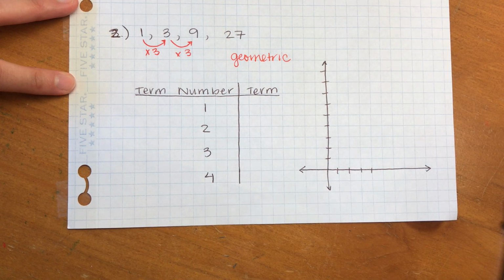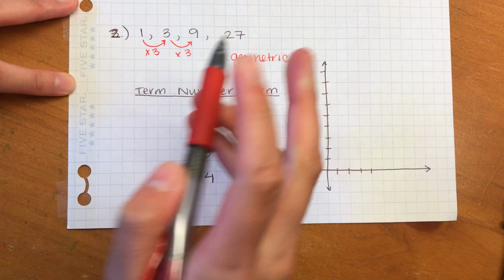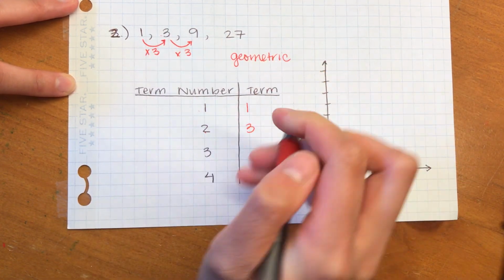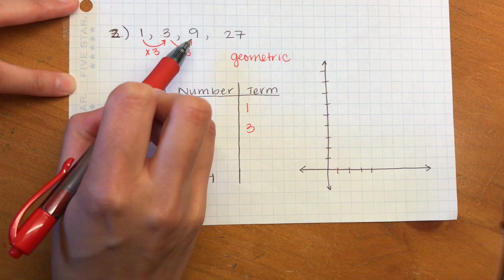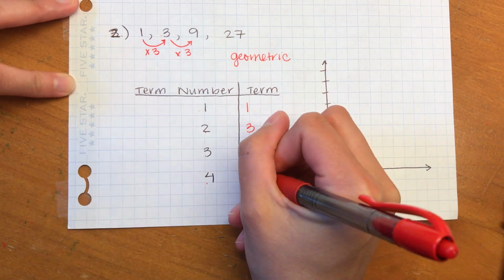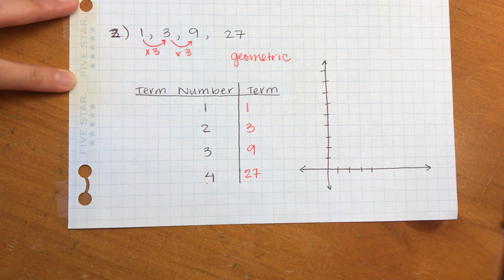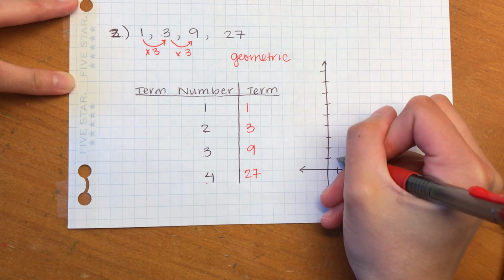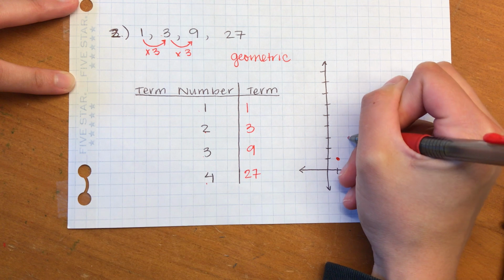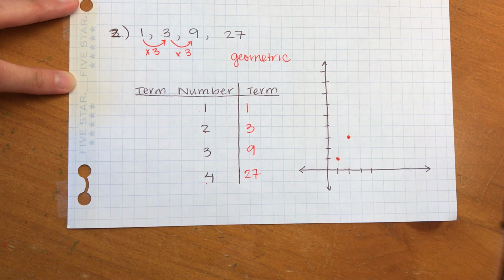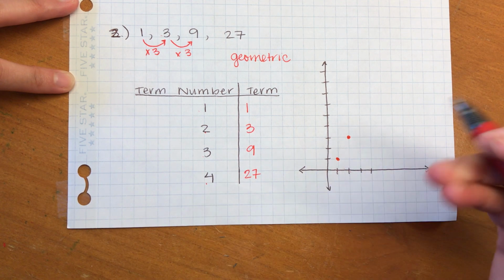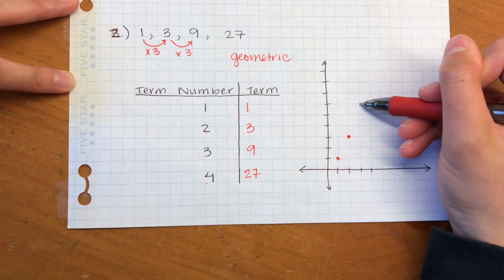When I order my terms, my first term will be 1. My second term is 3. My third term is 9. And my fourth term is 27. So now I'm going to graph. My first point is 1, 1. Then I have 2, 3. Over 2, up 3. Then I have over 3 and up 9.